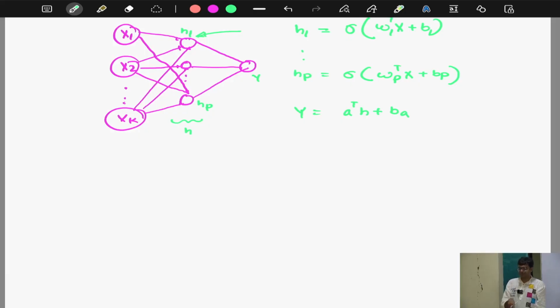What is this equation without sigma? Linear regression. What is H? Basis function. How are you getting H? From the input through the data, because W and B are learned. So the first layer is learning the optimal basis from your data, and those are combined to give your Y.